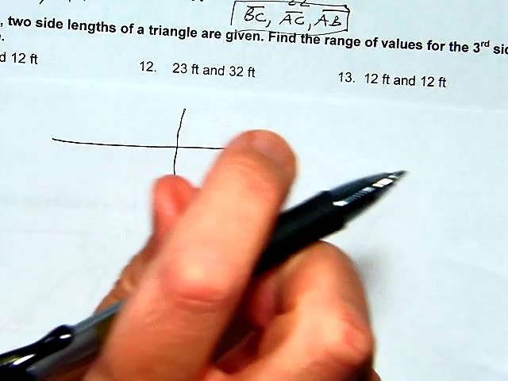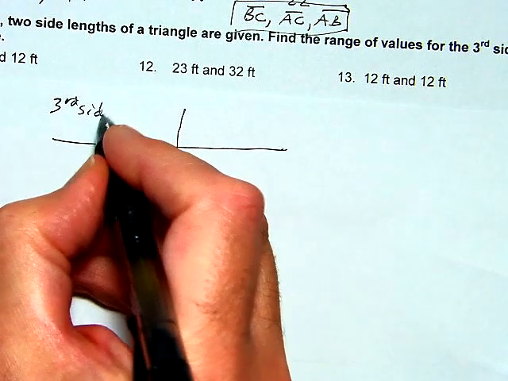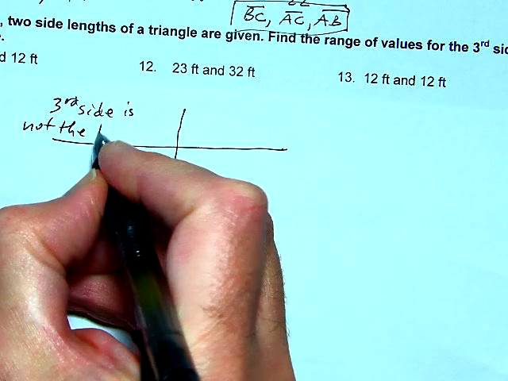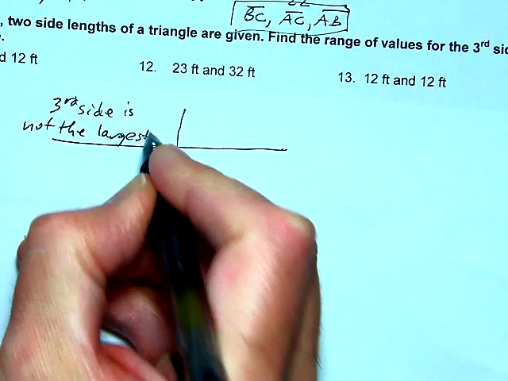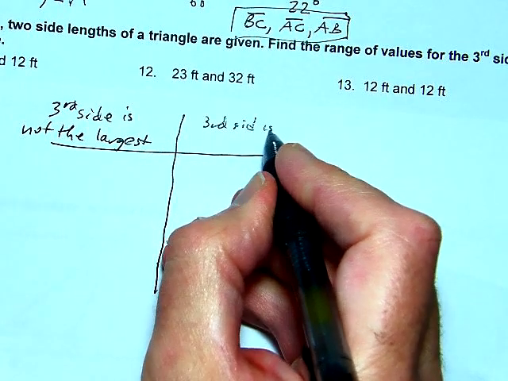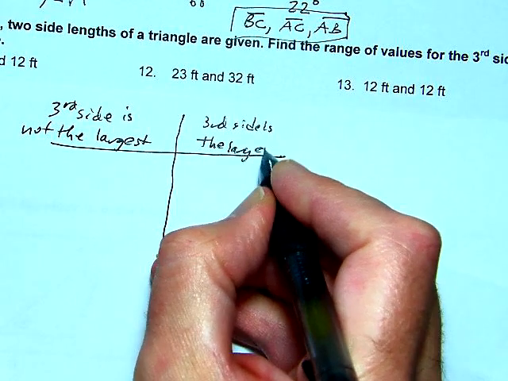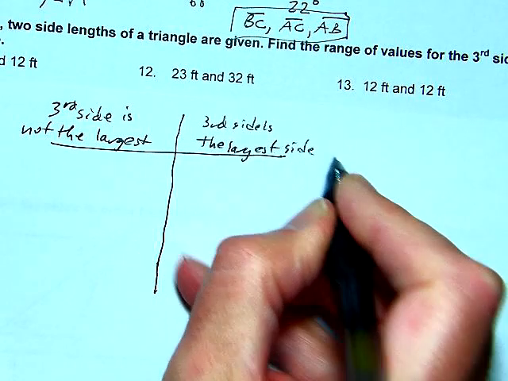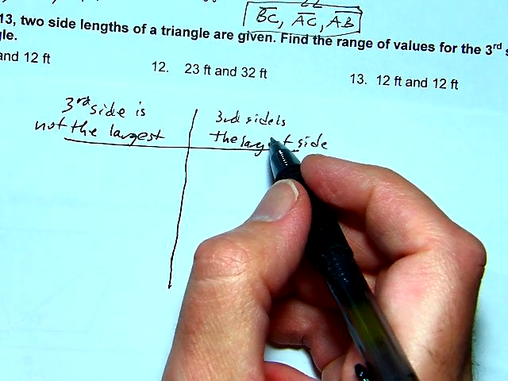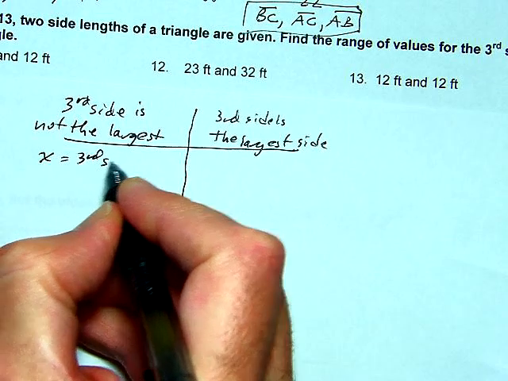We've got the possibility where the third side is not the largest side, and then there's the chance that the third side is the largest side. Okay, and again, let's let x equal the length of the third side. So in both cases, x equals third side.